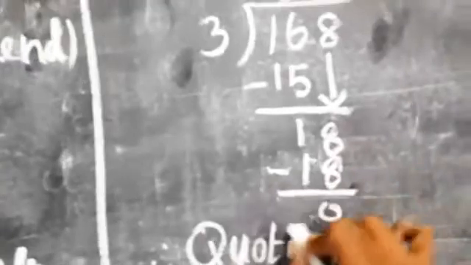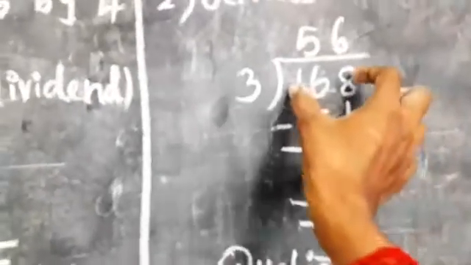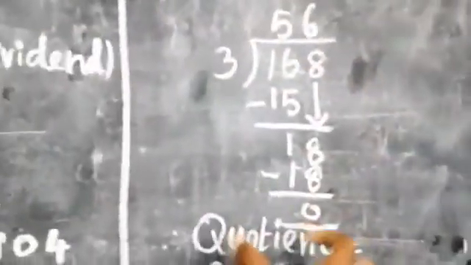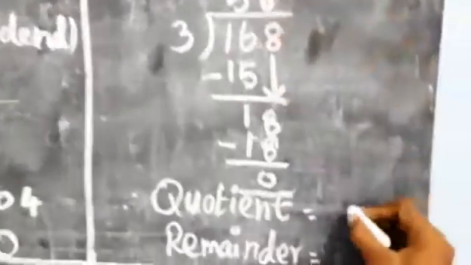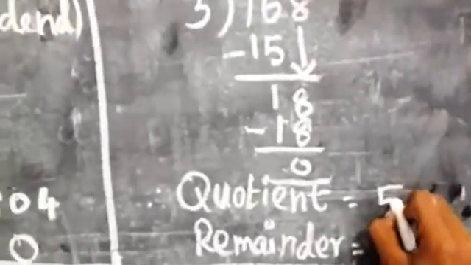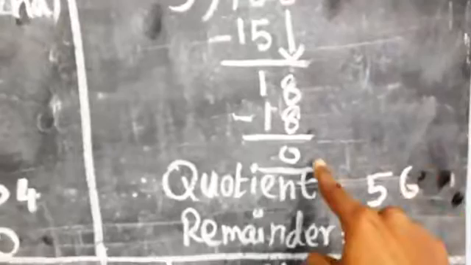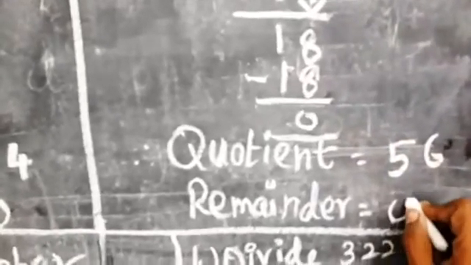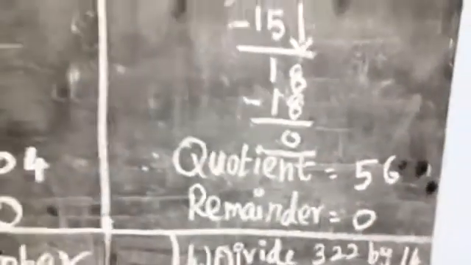Yes, 0. It is the dividend, it is the divisor. What is the quotient? Yes, 56. So the quotient is equal to 56. Remainder, yes, 0.